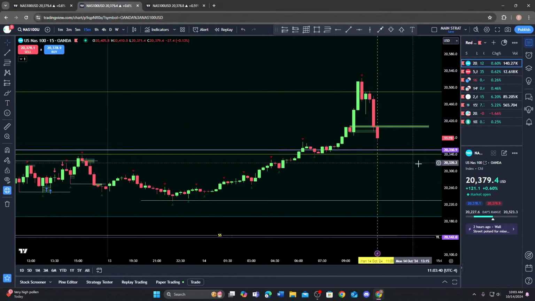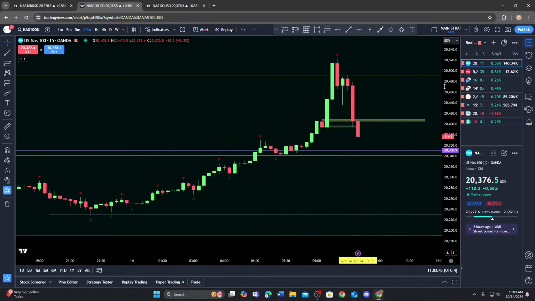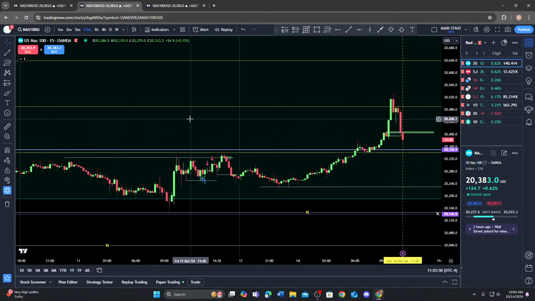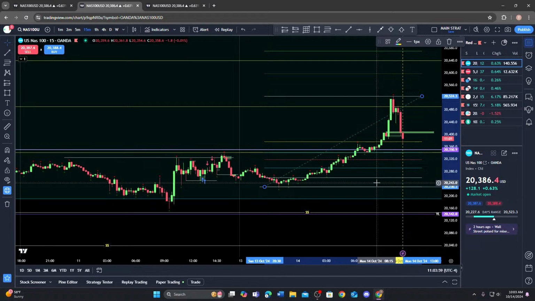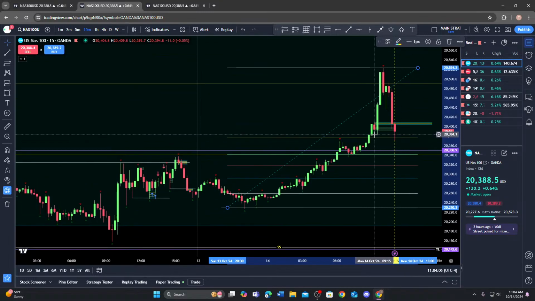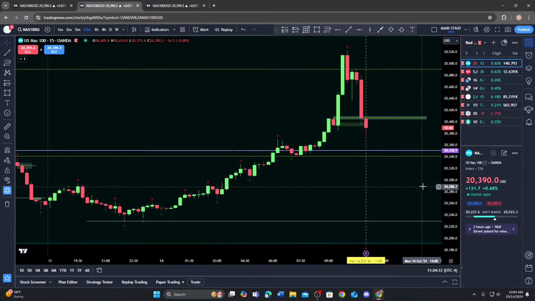Right. Now out of this range here, our below equilibrium is here. So we'll have to take a trade opportunity anywhere below equilibrium. That's where I messed up here, or why the trade was low probability.